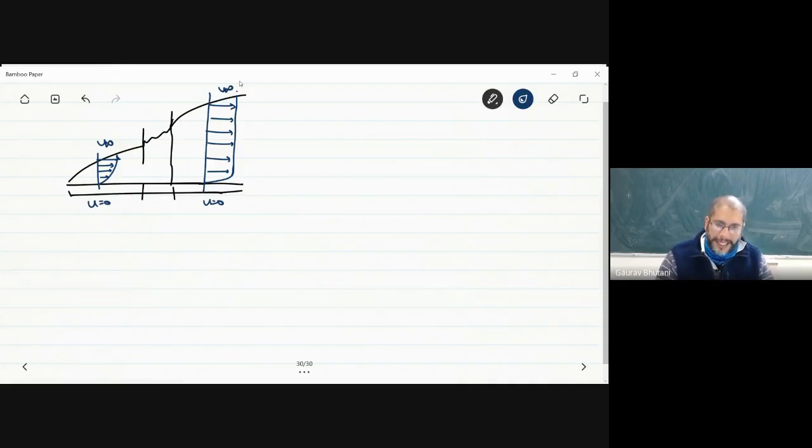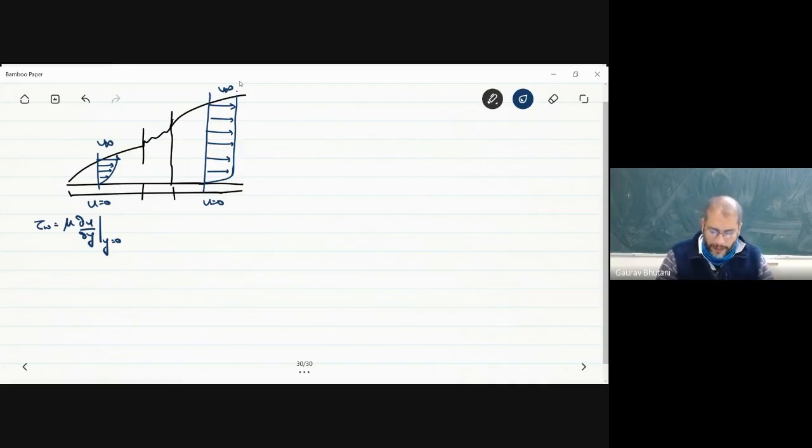Okay, so in velocity boundary layers, we were interested in the wall shear stress. So we used to write the wall shear stress for the laminar region as mu times del u by del y at y equal to 0.